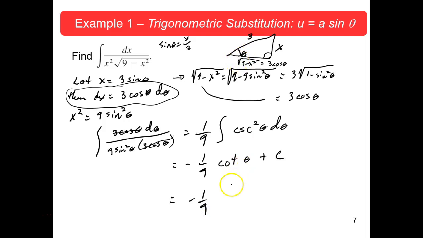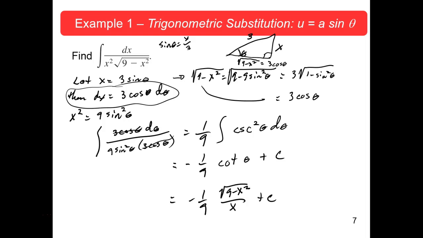And what does it say? The square root of 9 minus x squared over x. Okay? Plus c. Okay. Now, oh, and that's it. That's all they do.